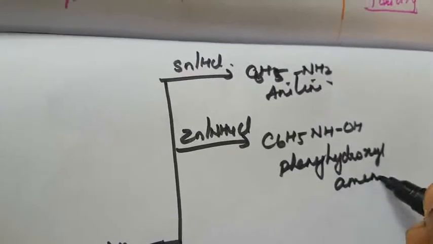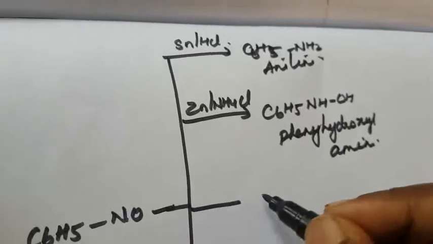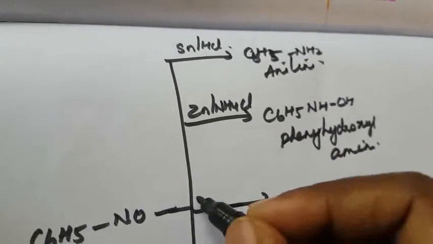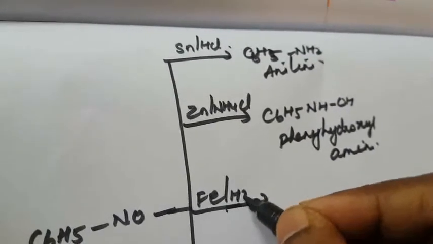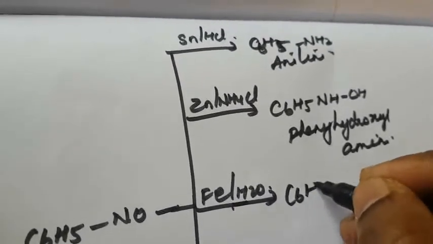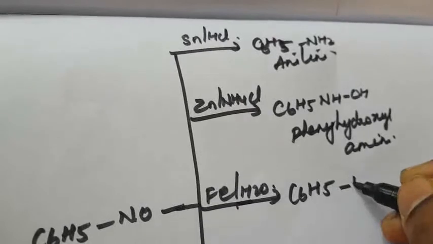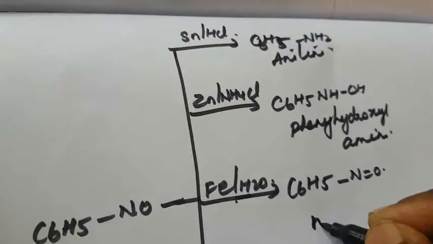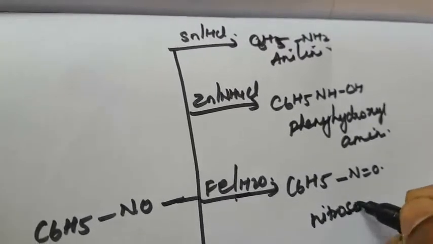Okay, then again iron and water steam to form the nitrosobenzene C6H5N double bond O, nitrosobenzene.